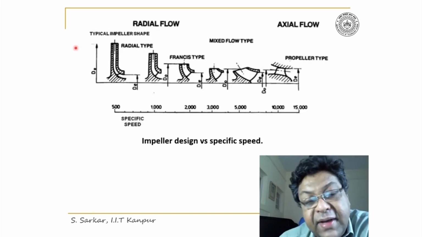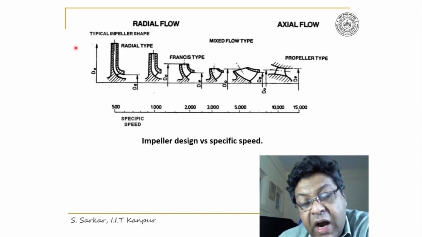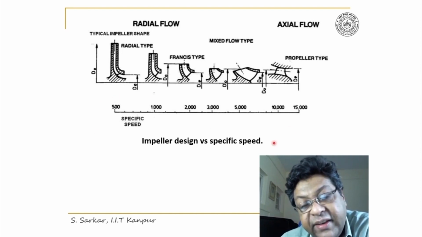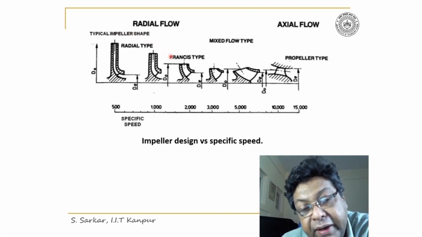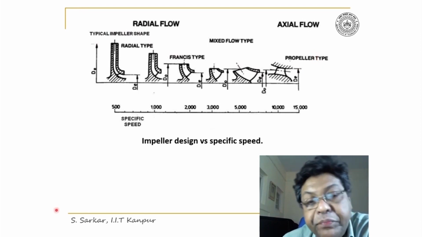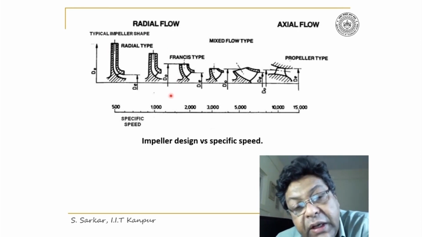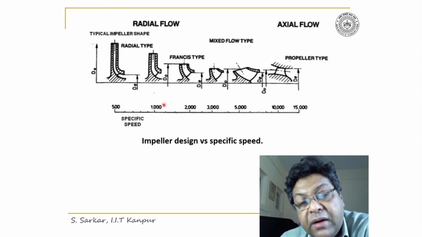By a schematic, I have shown here how the impeller design changes with specific speed. Look, as specific speed changes, the impeller design changes from radial, to mixed flow, and then axial flow impeller. So in this region of specific speed, which is the lower region, you will get a radial flow impeller.